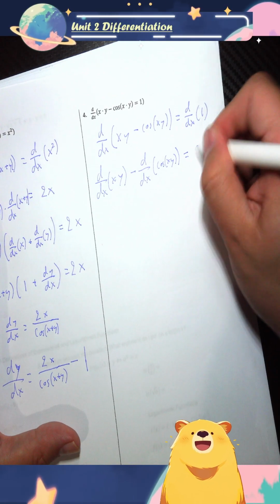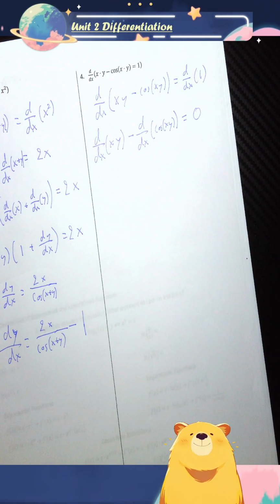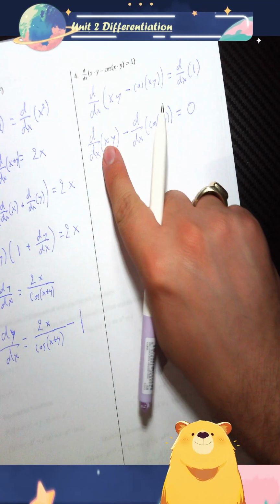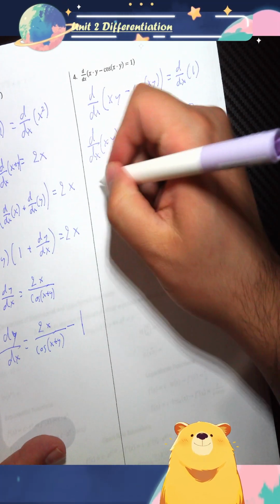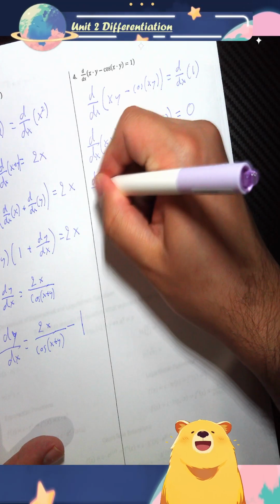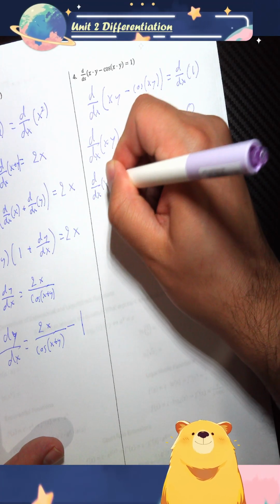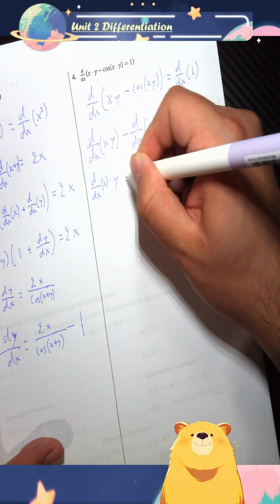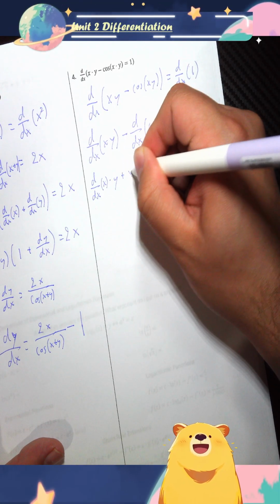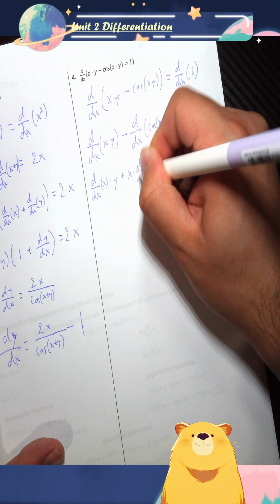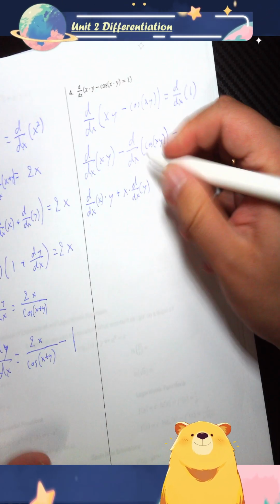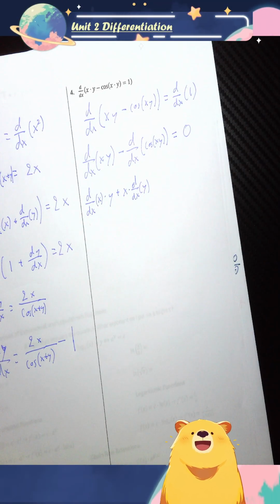Then that's just going to equal 0. Okay. For here, we got a product rule situation. d dx of x times y plus x times d dx of y. See here, I feel like the prime notation would have been better.